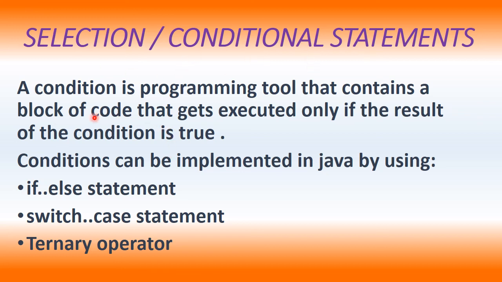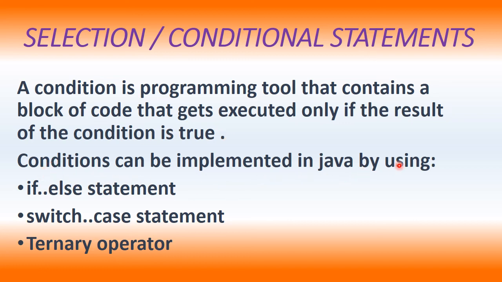A condition is a programming tool that contains a block of code that gets executed only if the result of the condition is true. If the condition is true, then the related part of that block will be executed, otherwise it will not execute, or it will move to the next part of the coding.